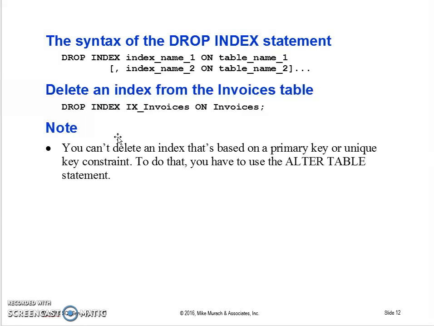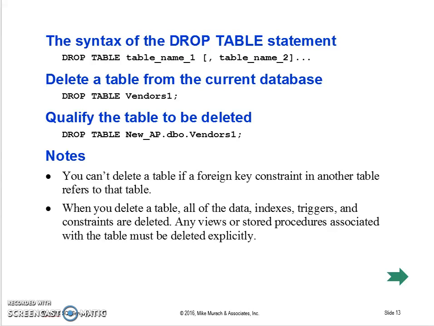If you want to get rid of or change the structure, like you want to delete a table or a database, you can use the drop command. Not too complicated, right? Note, you can't delete a table if a foreign key constraint in another table refers to that table.